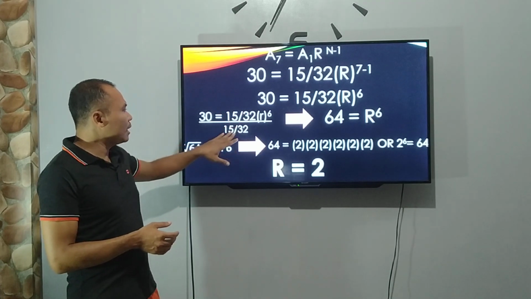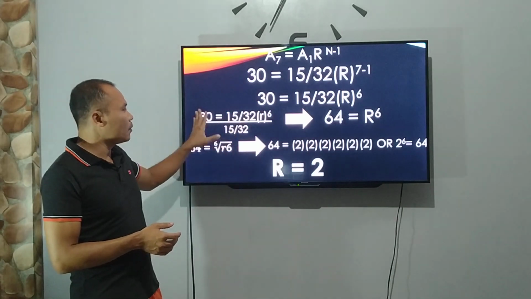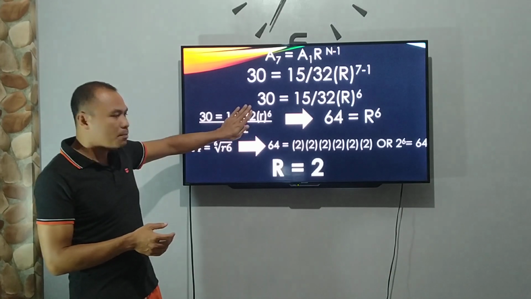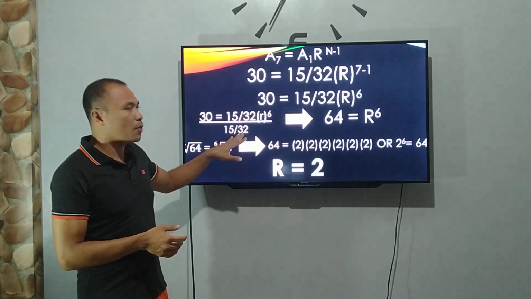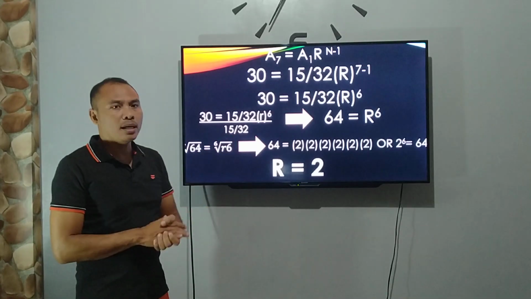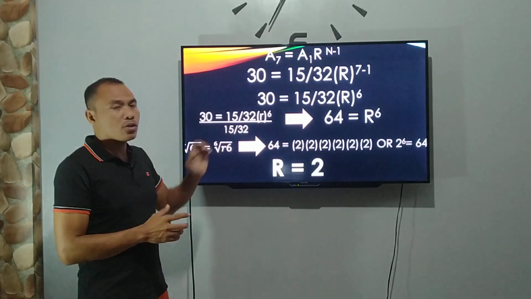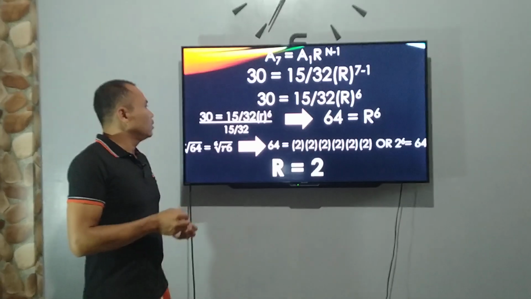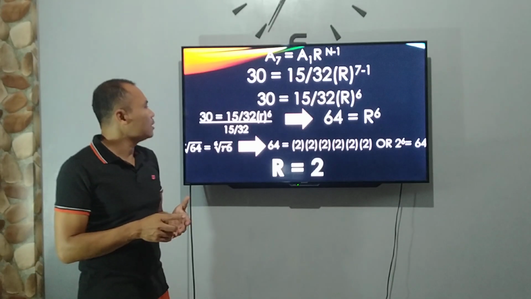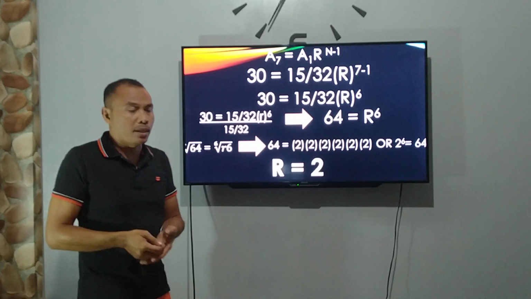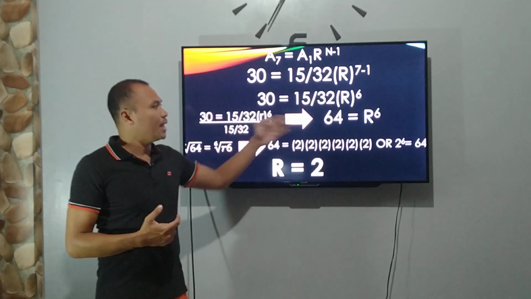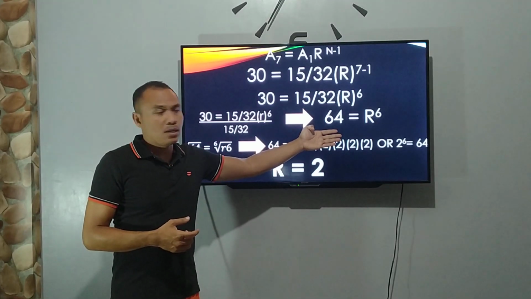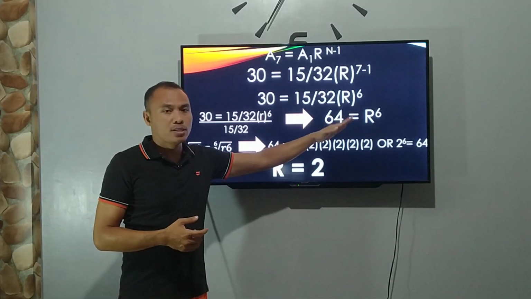Eto, pag i-divide natin both sides, eto mawawala na diba? Kasi that is equal to 1. 30 divided by 15 over 32, anong gagawin natin? Using your calculators, 30 divided by 15 over 32, that is cross multiplication. Ibig sabihin, 32 times 30 divided by 15 will give you 64. And that is r raised to 6.